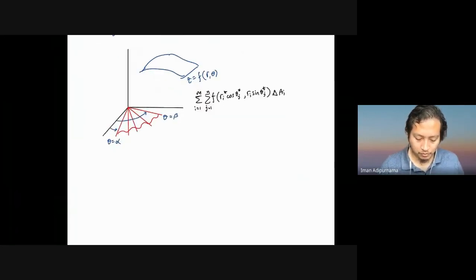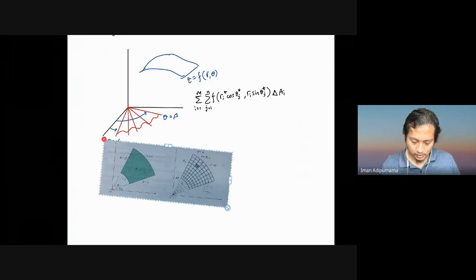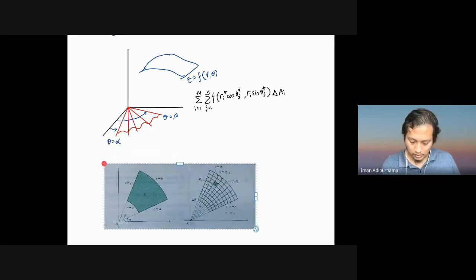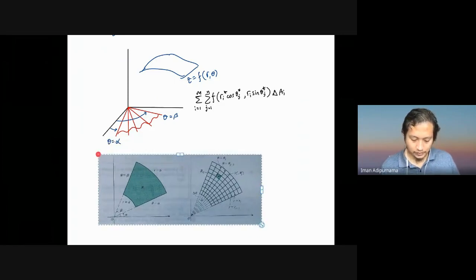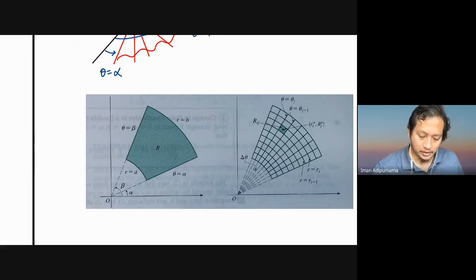If you want to look more in depth, let's use this one here. I think this should be clear enough. If you look here, we have a region R that is bounded by theta and r.